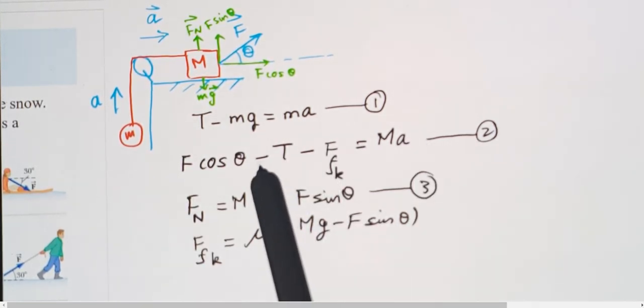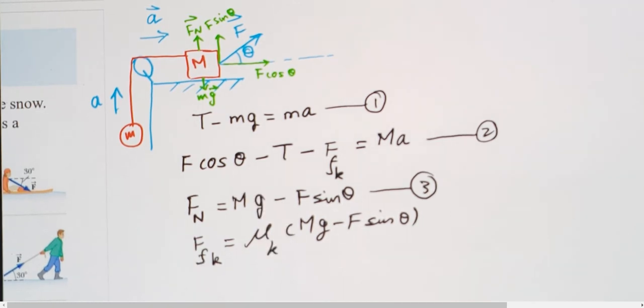If you have a sign mistake, the equation is wrong. Well, that's the force of friction. Kinetic, it's mu k multiplied by mg minus F sine theta.